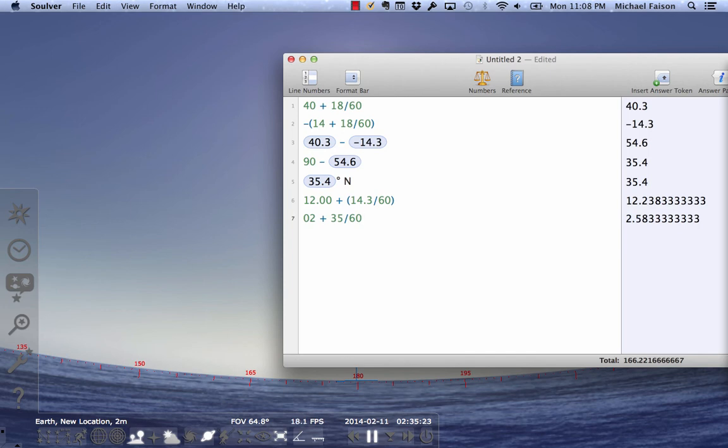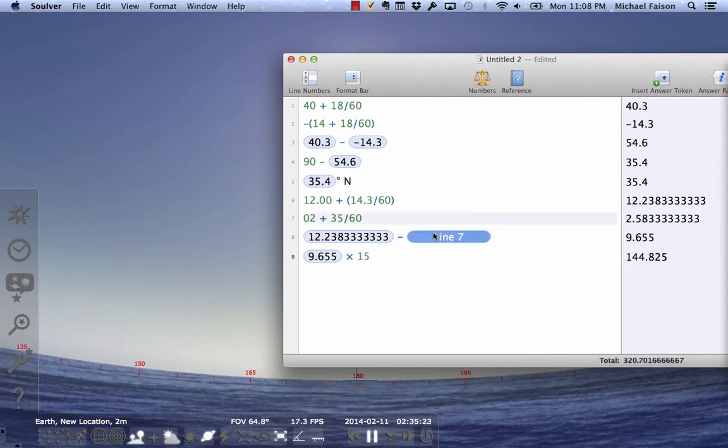And so the difference between these two is going to be my longitude in hours. So I will take line 6 minus line 7, and I get 9.655 hours. Every hour of time that you change is going to be 15 degrees. So if I take that times 15 degrees, there's my longitude.